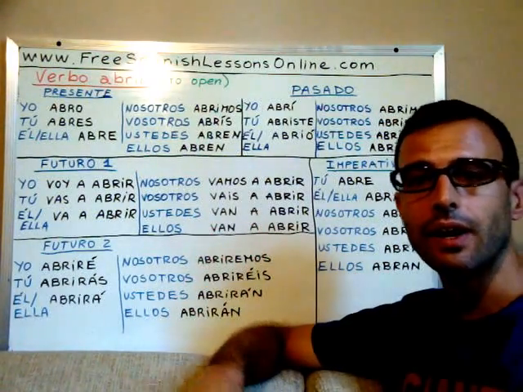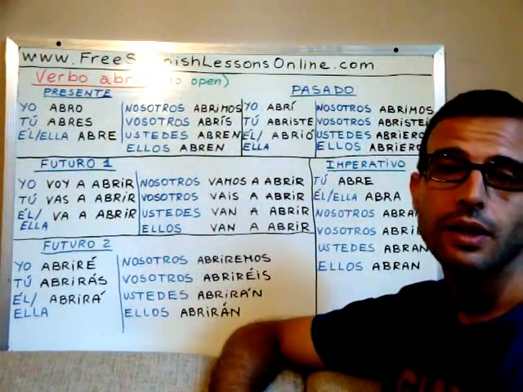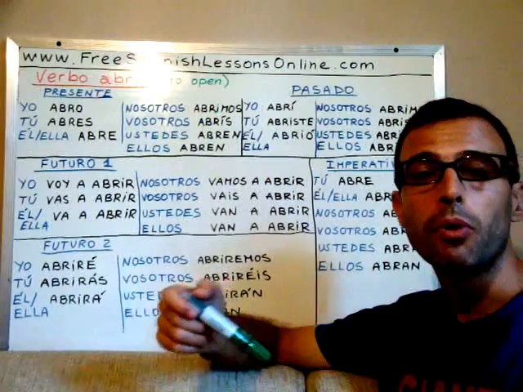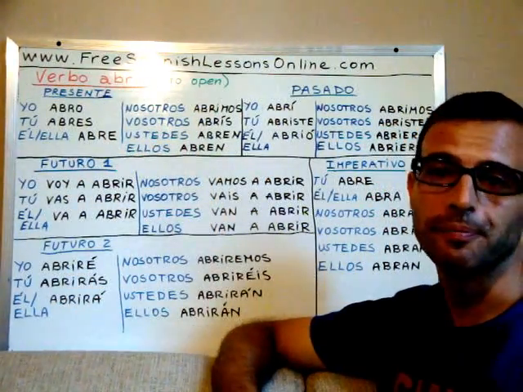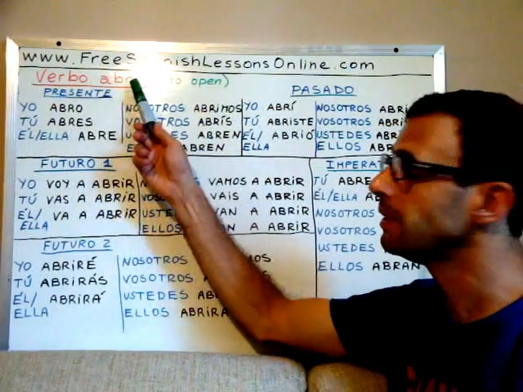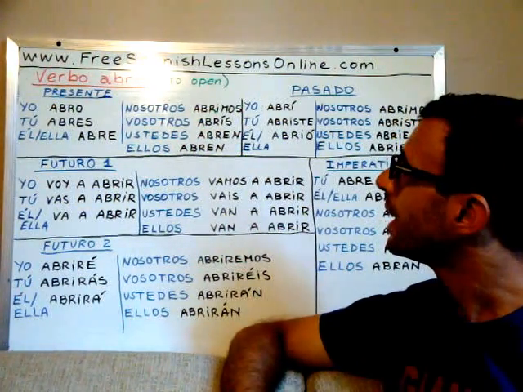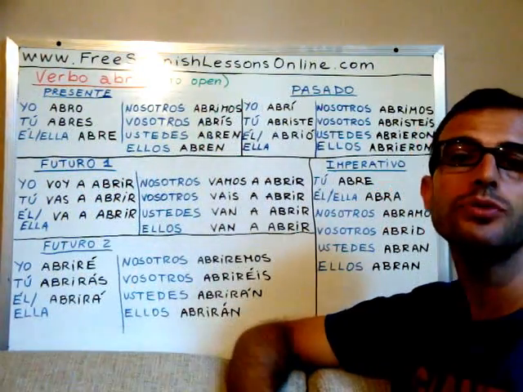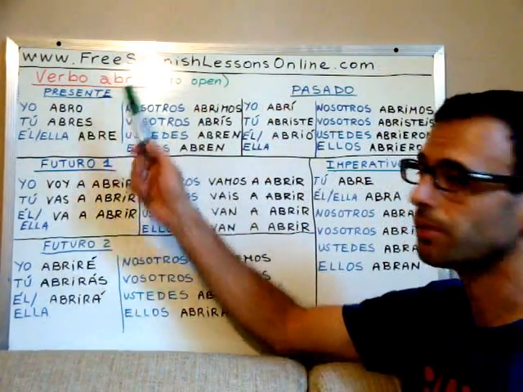The group of verbs that has more irregular verbs is the ir group. However, abrir is a regular verb, and so it will help to see how to conjugate the other regular verbs that end in ir, okay?